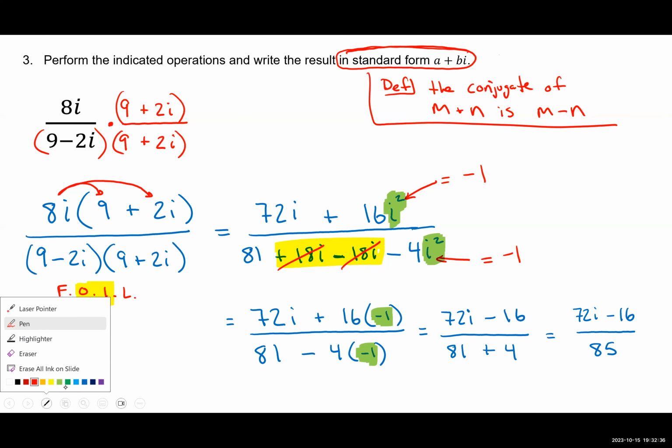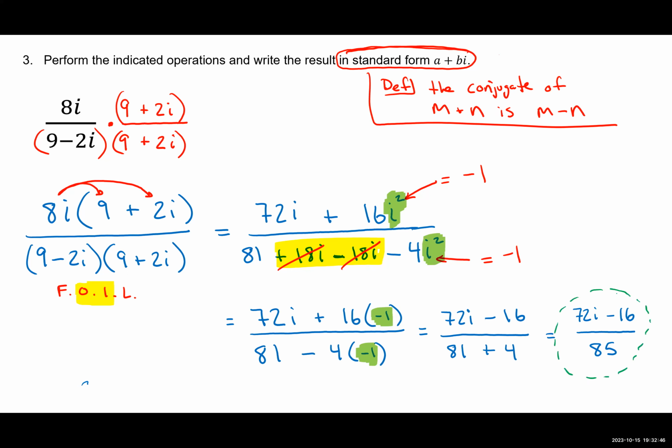I'll give this a dotted circle, maybe not a full green circle, but that's basically our answer. It's just not in the right form. We want to put the 16 first, the 72 second, and split it up into two parts, the real part separate from the imaginary part.